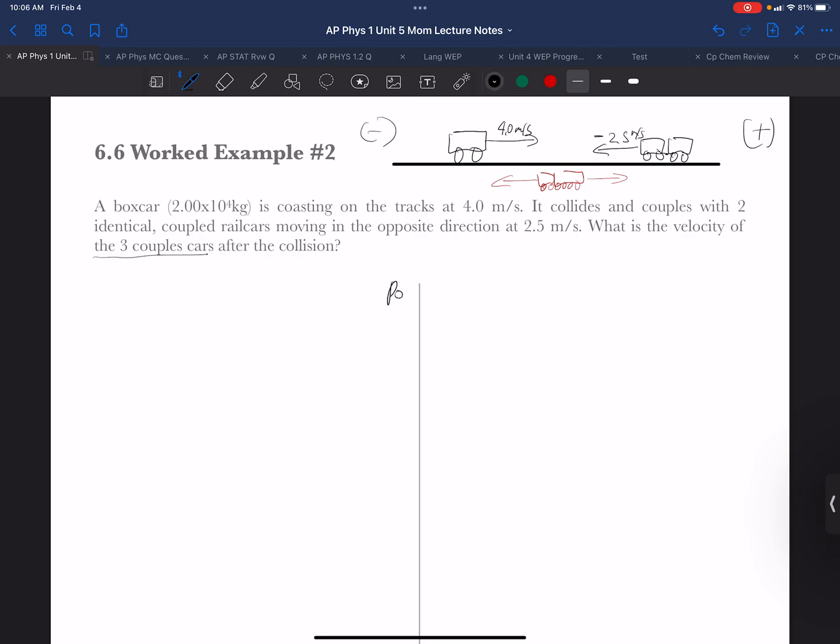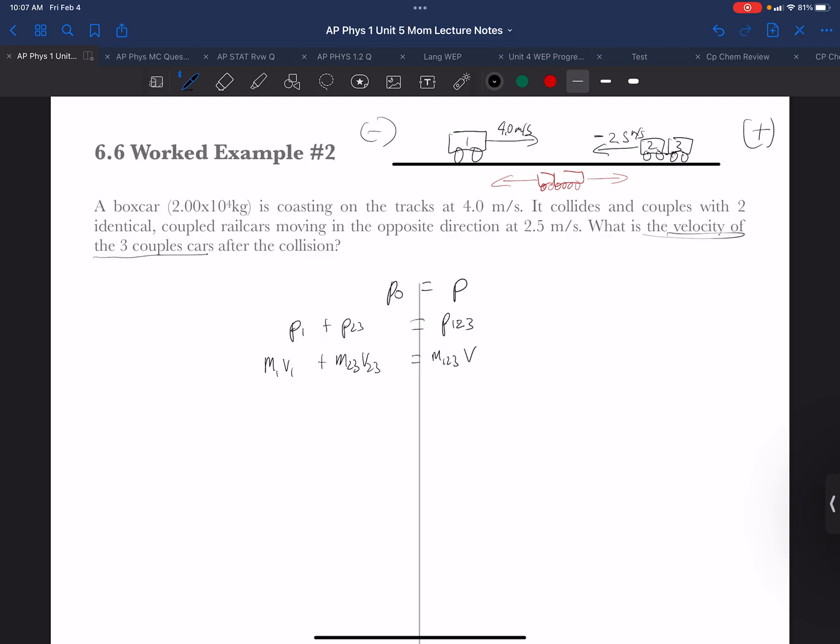So we have the initial momentum must equal the momentum afterward, and let's call these cars 1, 2, and 3. So we have the momentum of 1 plus the momentum of 2, 3. And afterward, we're going to have the momentum of 1, 2, 3. So that's the mass of 1, velocity of 1, plus the mass of 2, 3, velocity of 2, 3 will equal m1, 2, 3 times the new velocity.